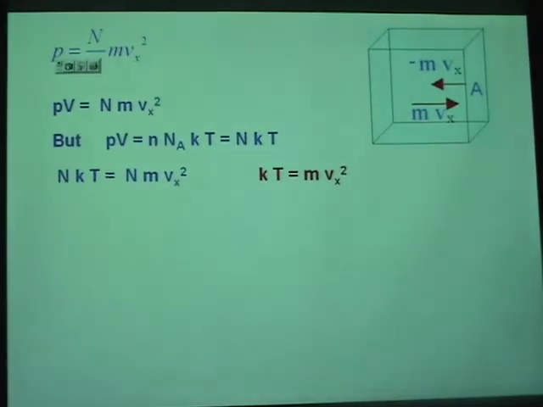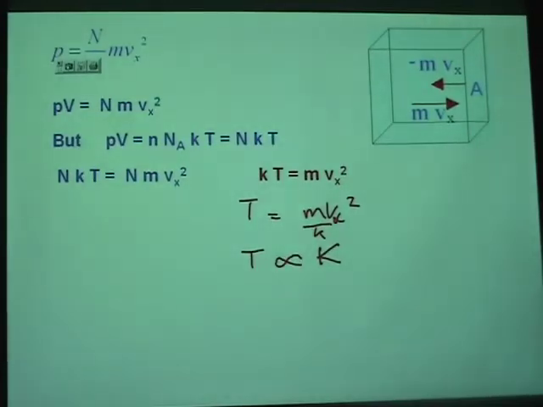Now, I can write, if I divide both sides by k, I have T equal to m Vx squared over k, and I can then say 1 over k is a constant, or I can say temperature is proportional to the kinetic energy. This big K stands for kinetic energy.